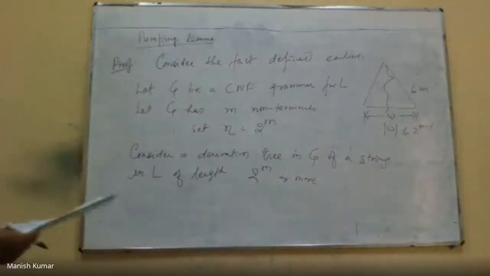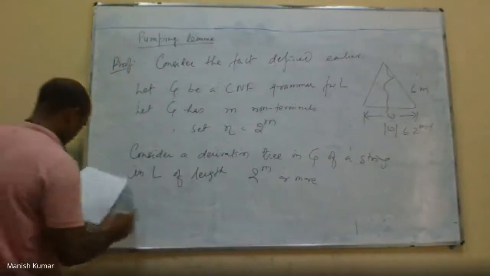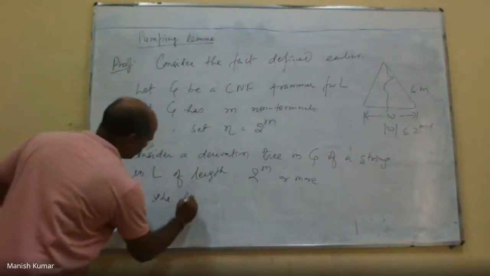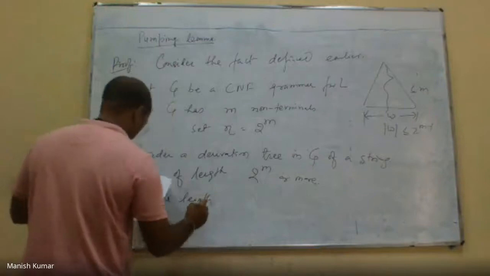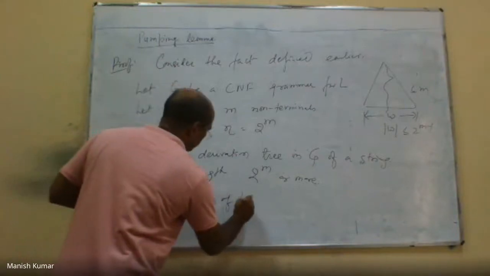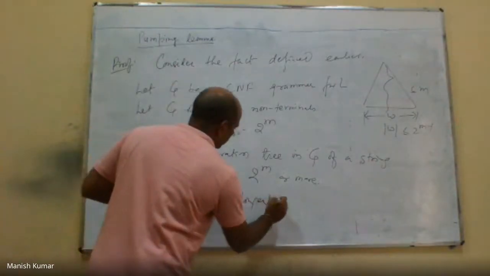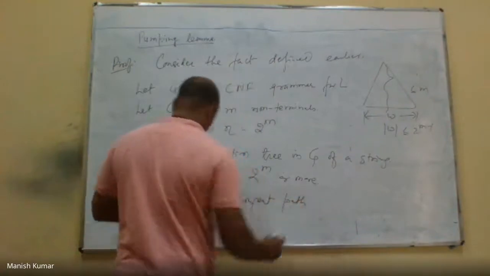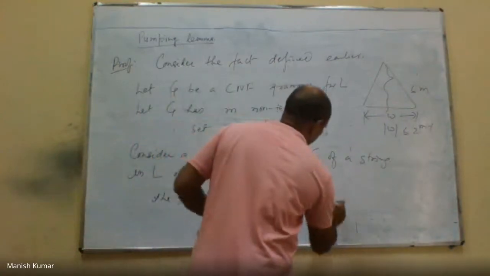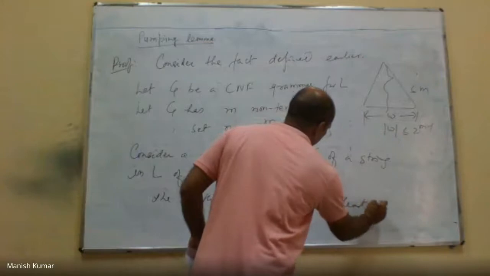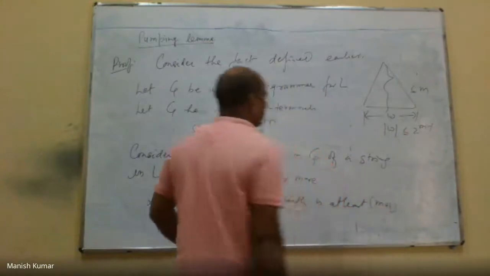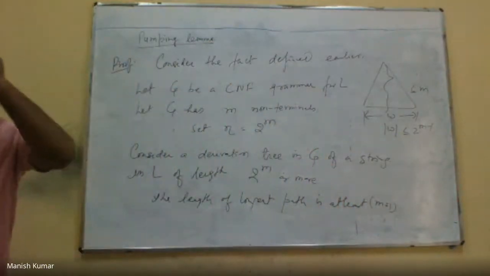This is what we do. That means the length of the longest path is at least m plus 1. This is what we need.